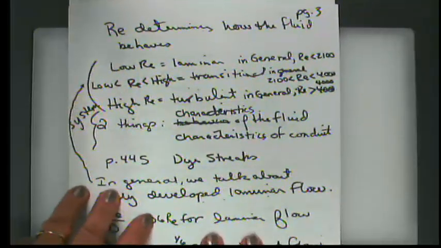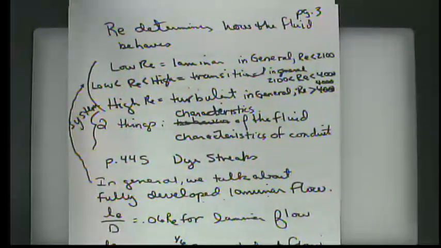Now, an exact number that determines whether the Reynolds number indicates that the flow is laminar, transitional, or turbulent is not real. You can't really say this exact number, above it it's turbulent, and below it it's transitional. It kind of depends on the flow regime, the type of fluid, and the piping system, or whatever conduit it's being moved through.